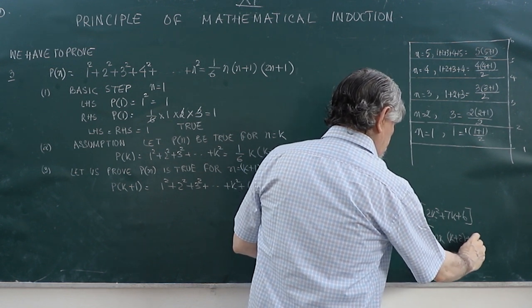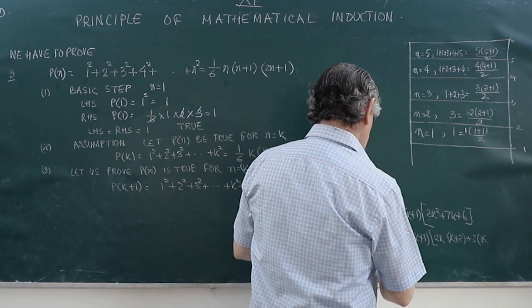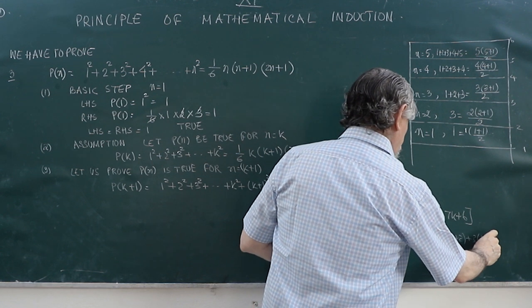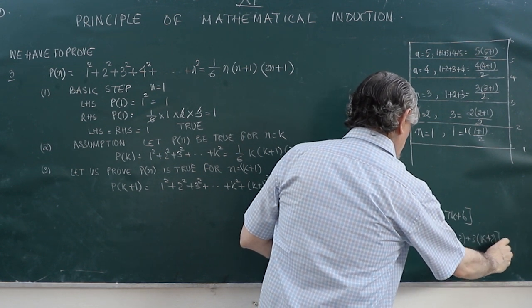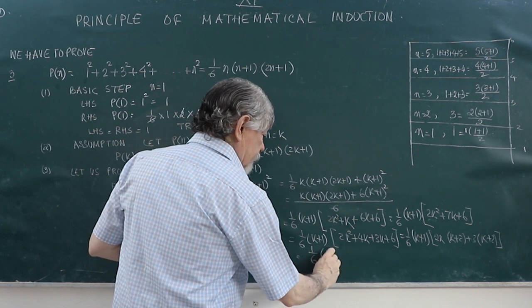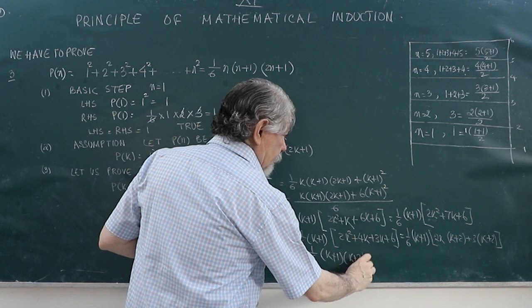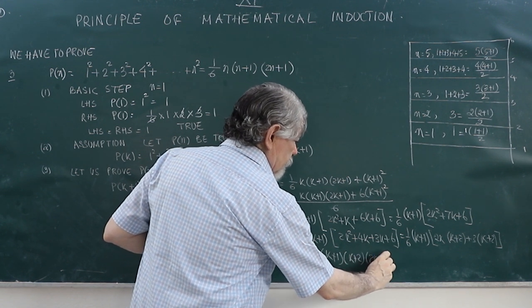Then take 3 common and it will be left k plus 2. So finally, what will be left? 1 upon 6 (k plus 1)(k plus 2)(2k plus 3).